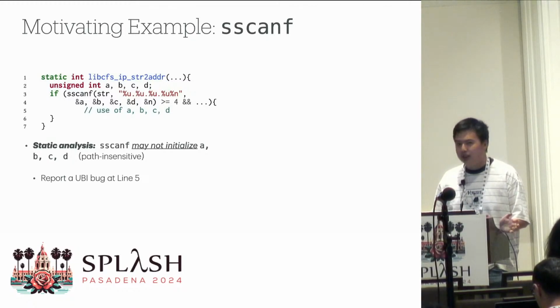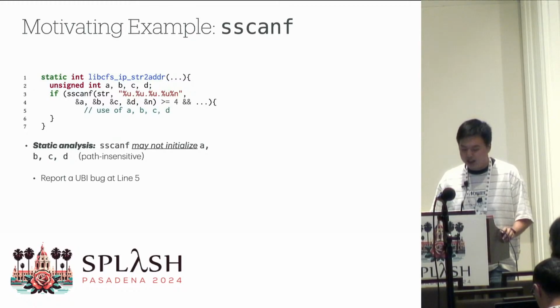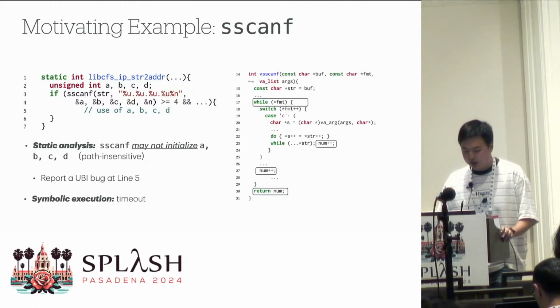This is very straightforward and easy for a human, but not as easy for static analysis. Our static analysis is essentially path-insensitive, so it can only tell us that a, b, c, d may not be initialized by scanf, and it will report a UBI bug at line 5. Later, UBITect will send this case to symbolic execution.